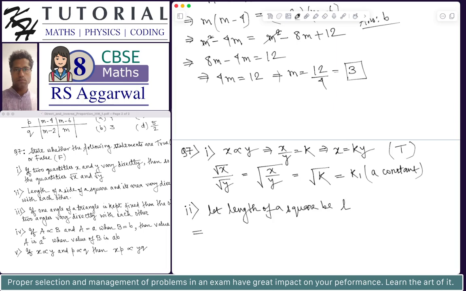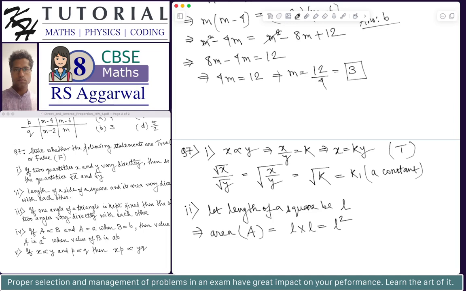So this implies the area, let that be capital A. We know that the area is equal to l into l, which is equal to l square.